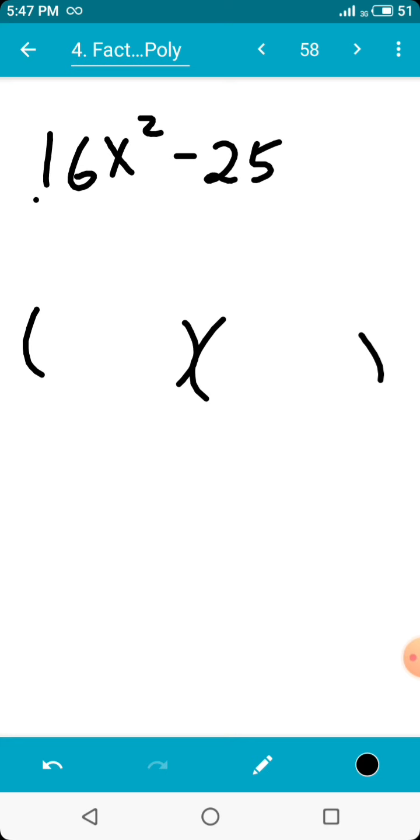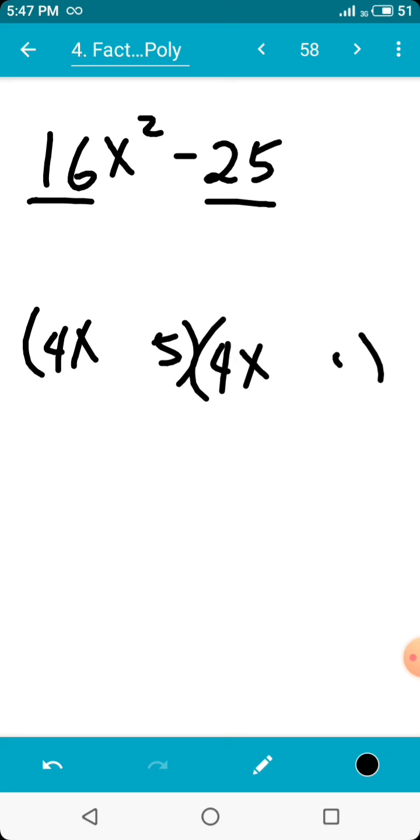So, ilagay na natin dito. And then, yung square root ng x squared ay x. And then, square root ng 25 ay 5. Okay? So, itong magiging operation nila is isang addition and isang subtraction. So, ito yung nakuha nating factors: 4x plus 5 at saka 4x minus 5.